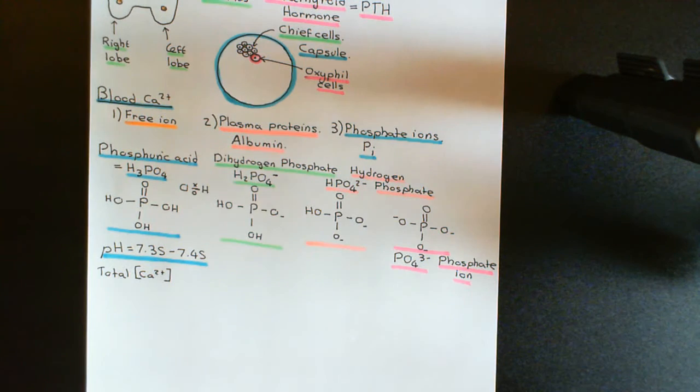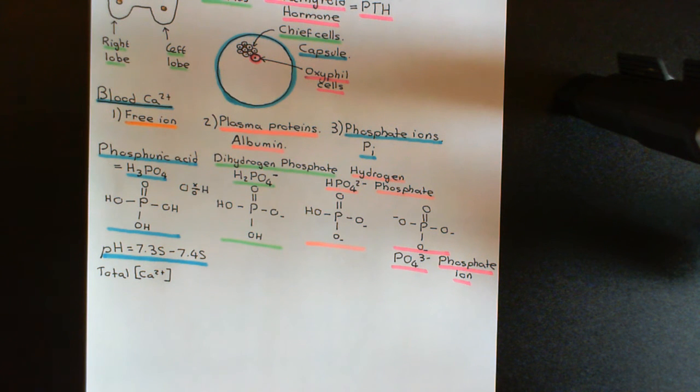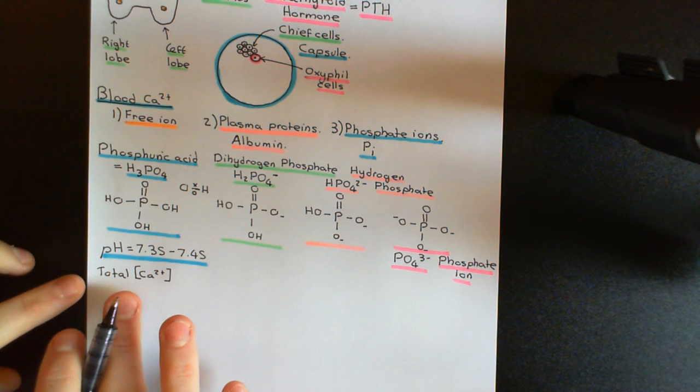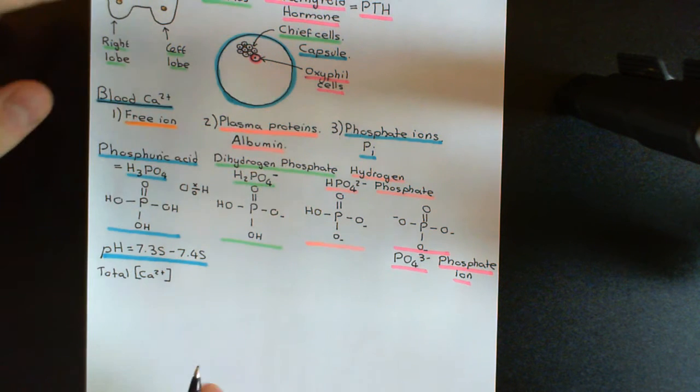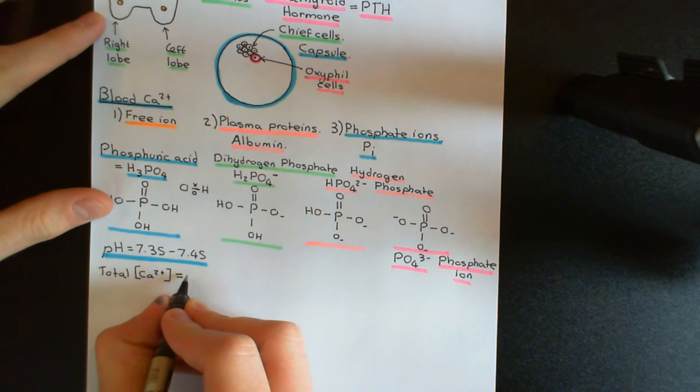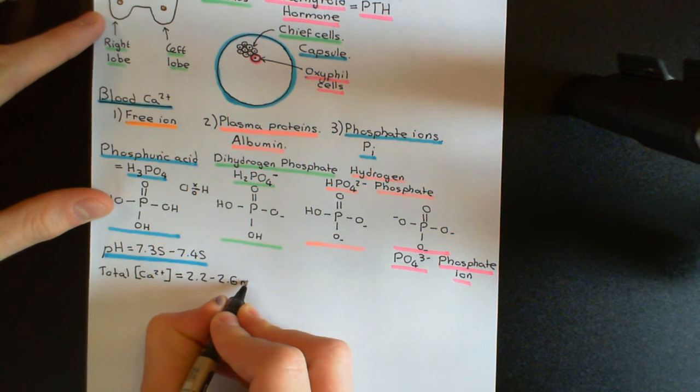And when people in a clinical setting talk about taking plasma calcium levels, they mean total calcium concentration. So if you've got a clinical measurement of someone's calcium concentration in their blood and the title of it is plasma calcium concentration, they mean the total calcium concentration, i.e. the calcium concentration in all three of these forms, and that usually is between 2.2 and 2.6 millimolar.